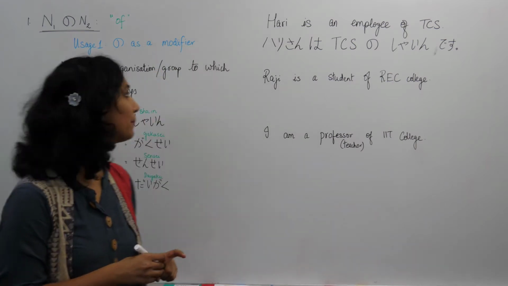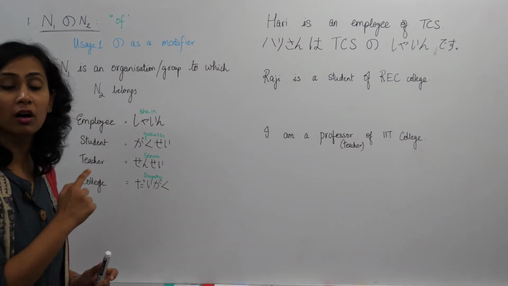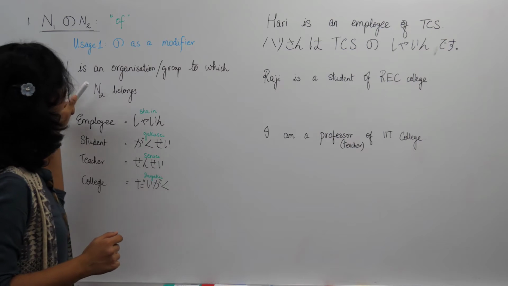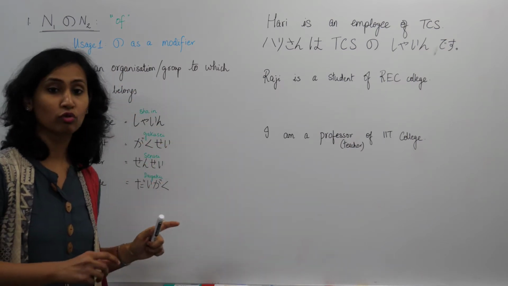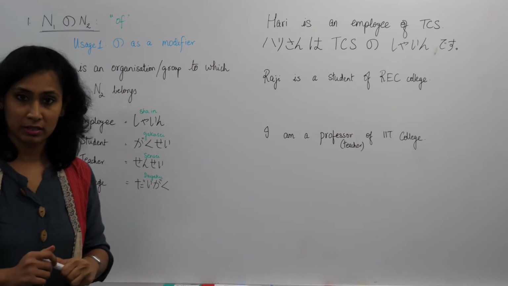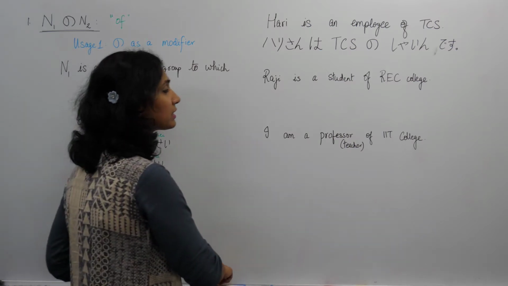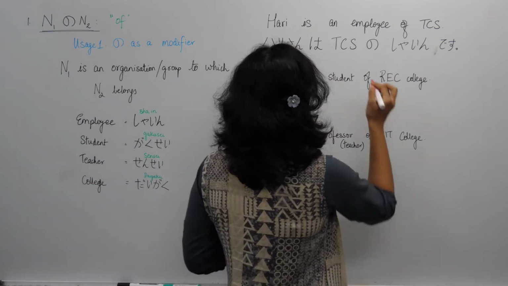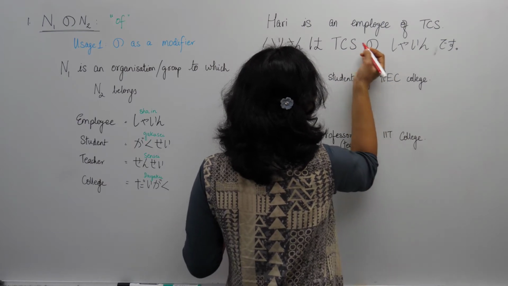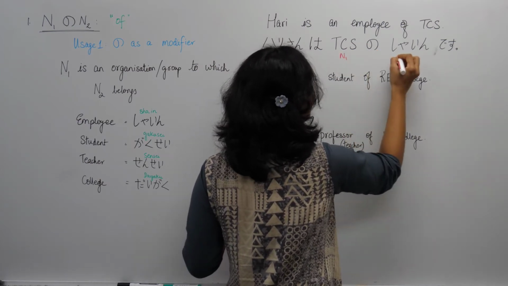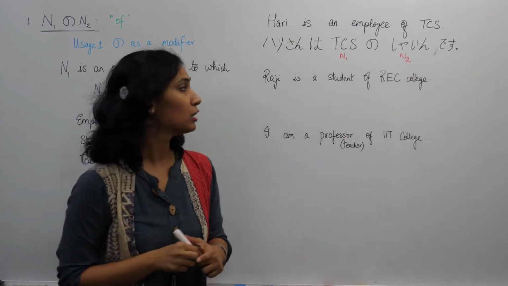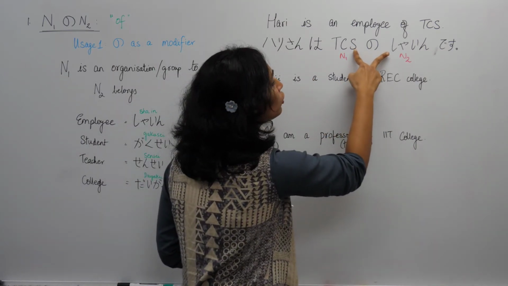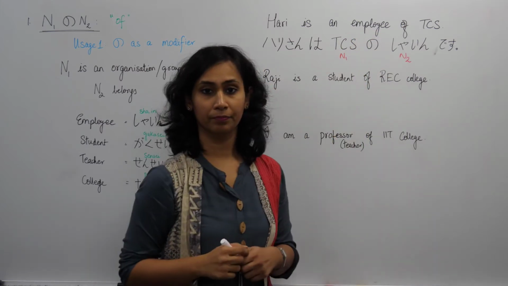Can we again repeat the application of no? N1 is an organization or a group to which N2 belongs. Let's see how it is used here. This is no, so the one before it is N1 and the one after it we will call N2. So no is connecting two nouns.